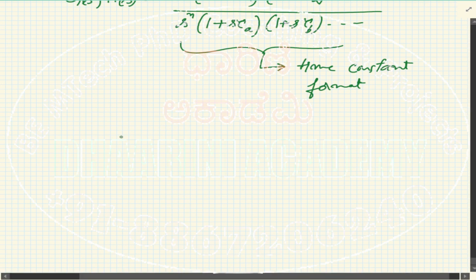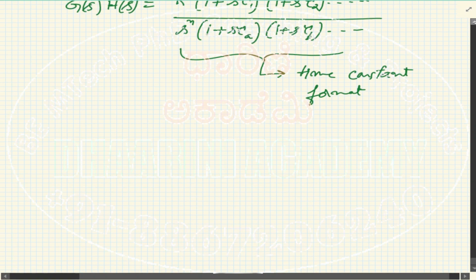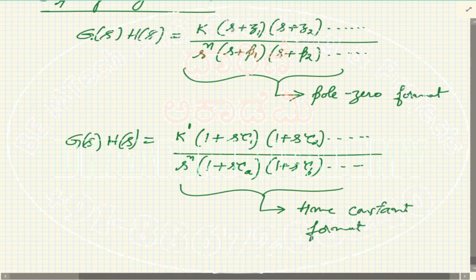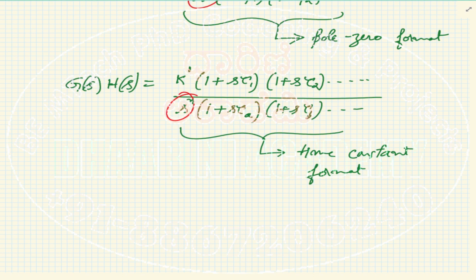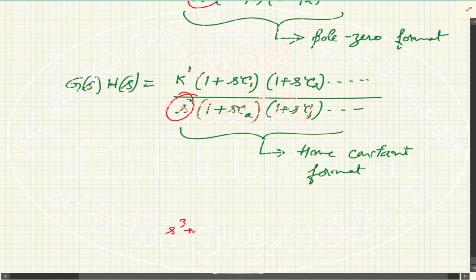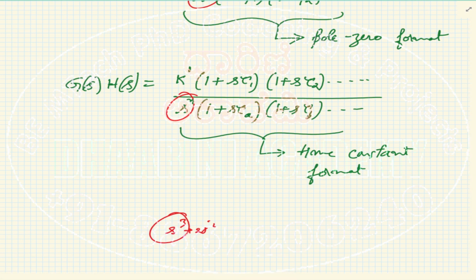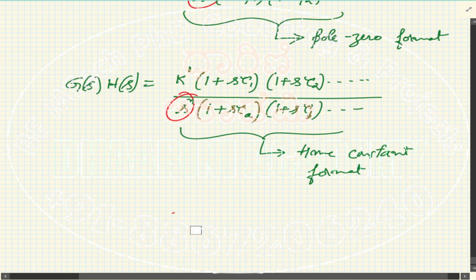Now, you can see in both the formats, I have a denominator s to the n common, right? The n value matters specifically when you write as factors; the denominator has to be factorized. I cannot simply write the denominator as s cube plus 2s square and so on. So you can see that it's already been factorized, s to the n into something, 1 plus s tau a, 1 plus s tau b, and so on.